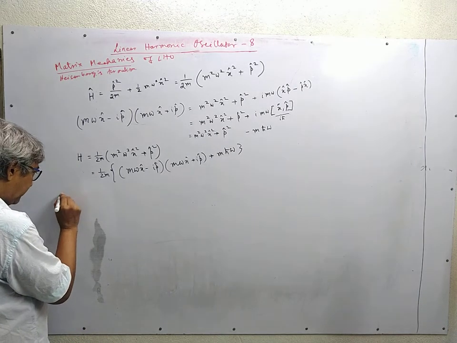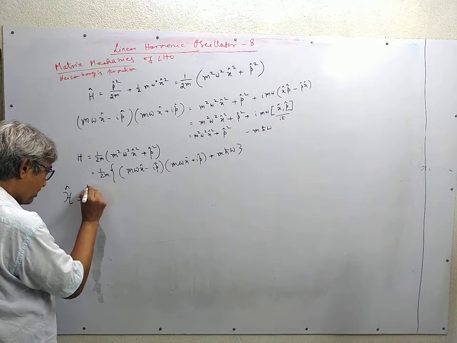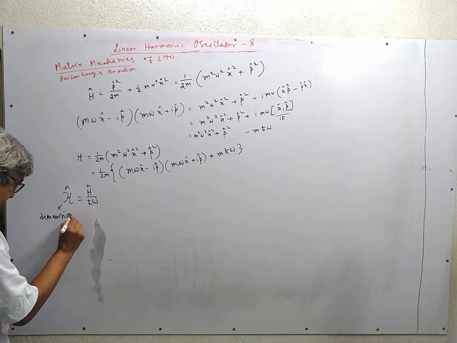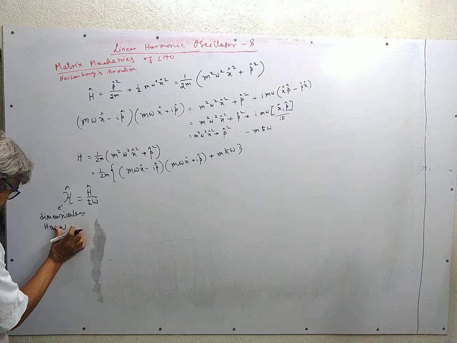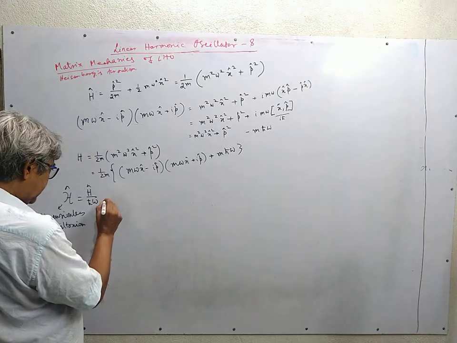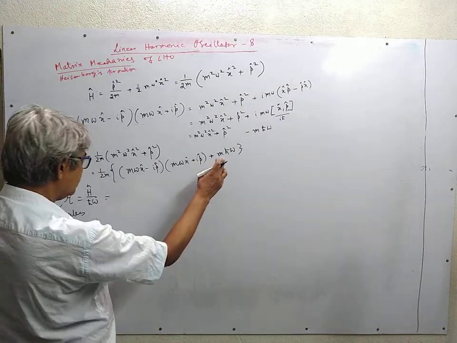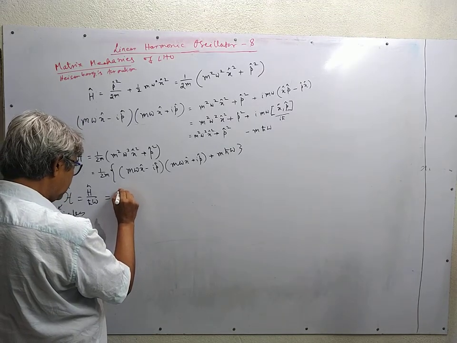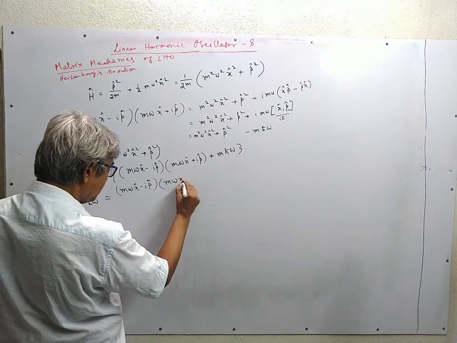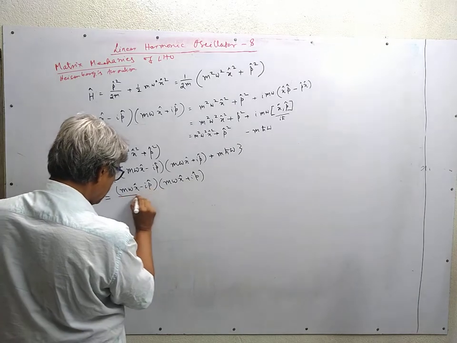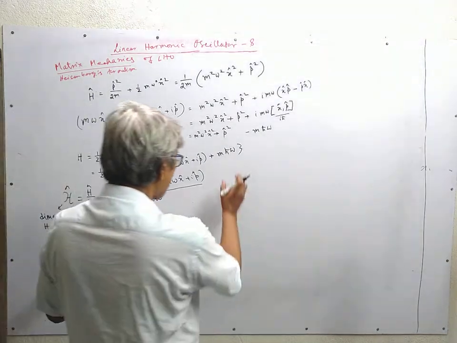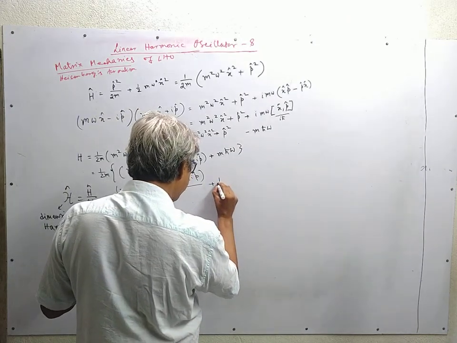So if we write the Hamiltonian in dimensionless form, it is H upon h cross omega. This is the dimensionless Hamiltonian. When we divide it, this is simply plus half.